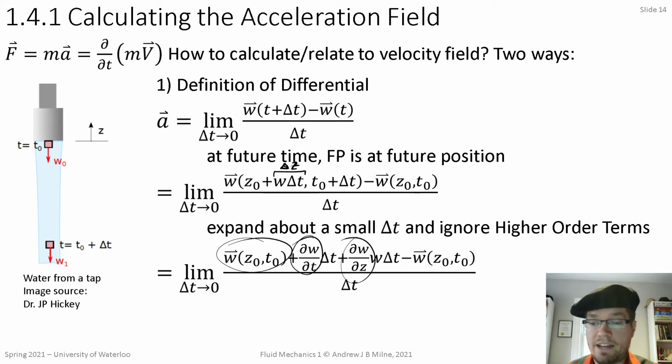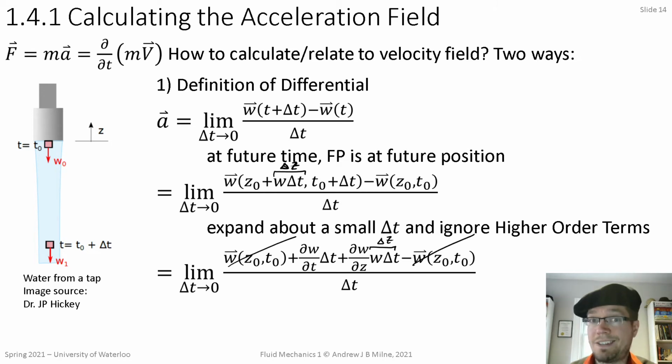And again, that w delta t is a delta z. And then we still need the reference value that we had up here. There's our minus w at the reference value. But what we can now do is, we've got the reference value there twice. We've got it in the positive and in the negative, so that cancels out.